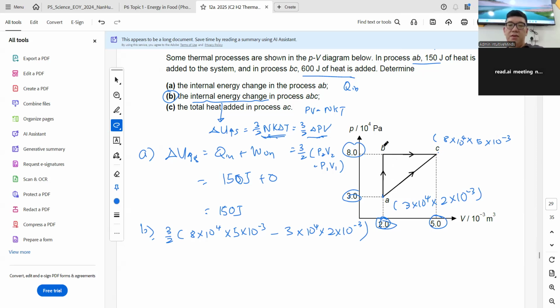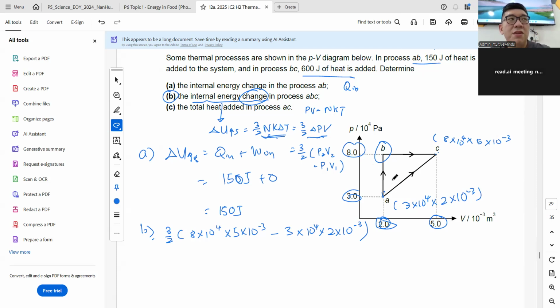Now, I guess you're wondering why we never consider B. That's because we are finding the change, and change is before and after. Internal energy is based on a state. State, as I mentioned before, is about the product of your PV.